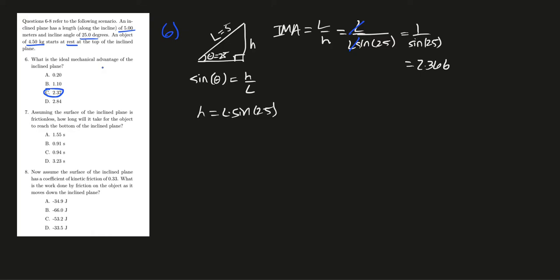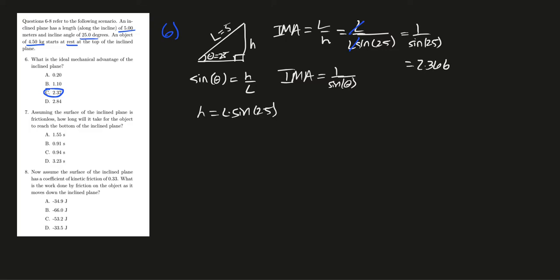Okay, on to question number 7. Oh, and also one more point to point out is that the IMA or the ideal mechanical advantage of an inclined plane is going to be equal to 1 over sine of theta.